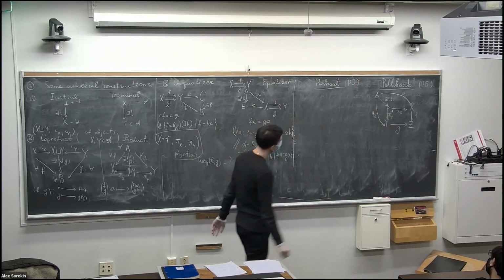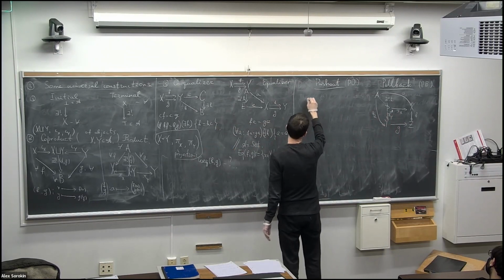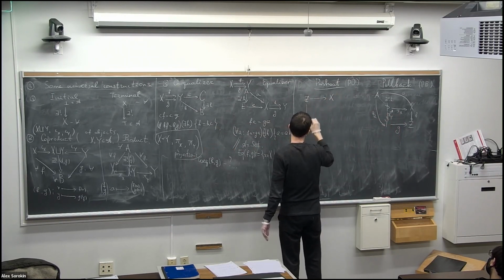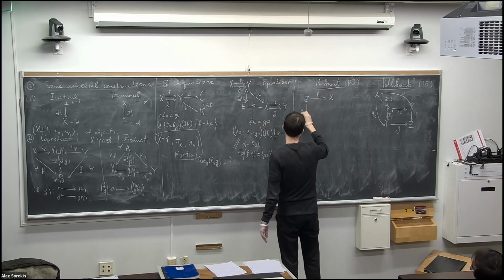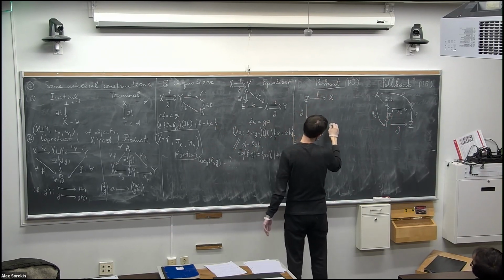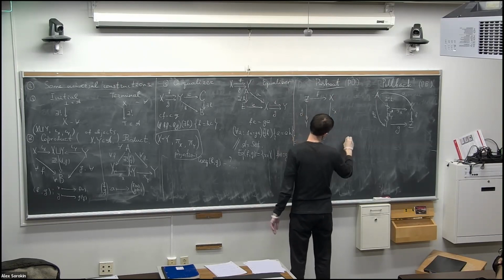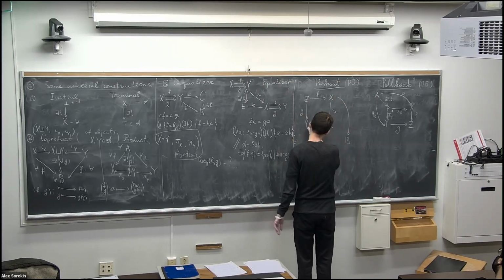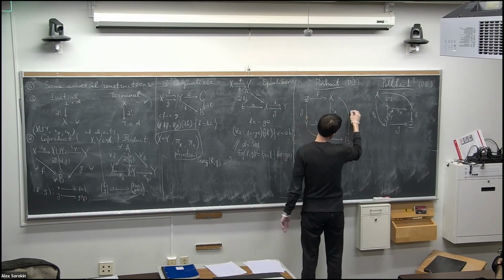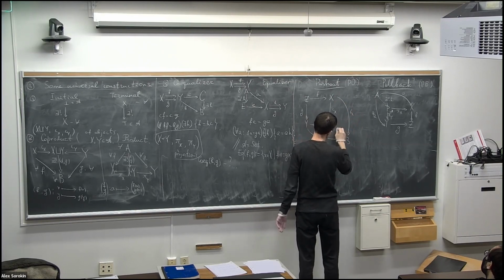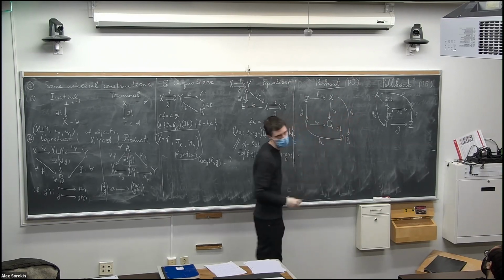Pushout: I'm considering X here, out of D. Here goes to X, here goes to Y. Here is F, here is G. And here the pushout is an object Q with a pair of maps, iota X, iota Y, such that for every E, with arrows B1, B2, there will exist an H making both triangles commute.